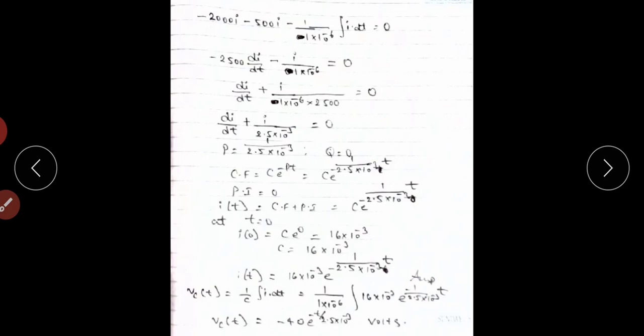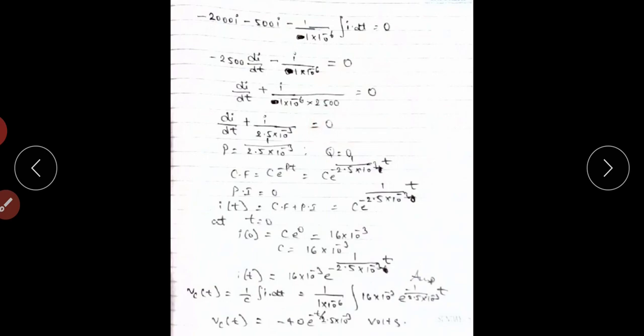Or dI by dt plus I by (1 into 10 to the power of minus 6 into 2500) equals 0. Or dI by dt plus I by 2.5 into 10 to the power of minus 3 equals 0.